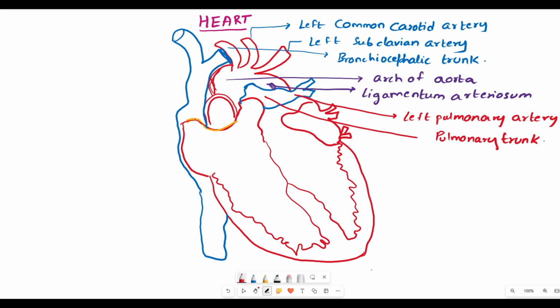Now let's try to see what are the structures present inside it. So here this outermost veins, red colored one, we will be calling it as the left pulmonary veins. And this portion we will be calling it as the left atrium.